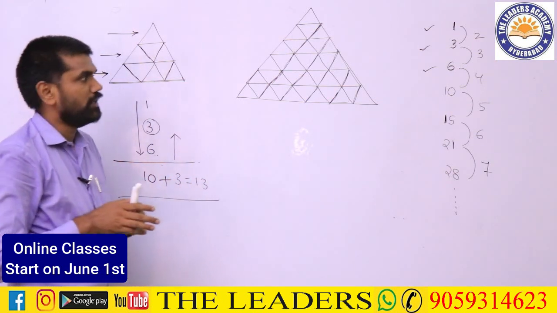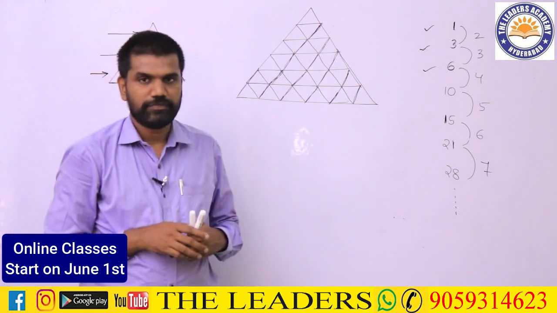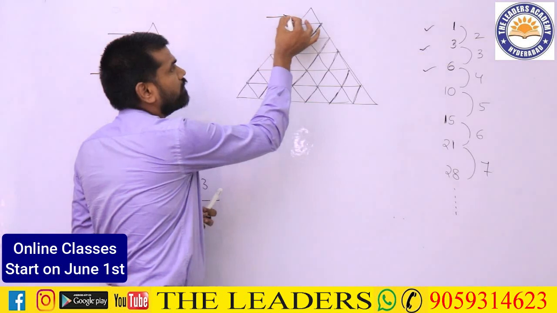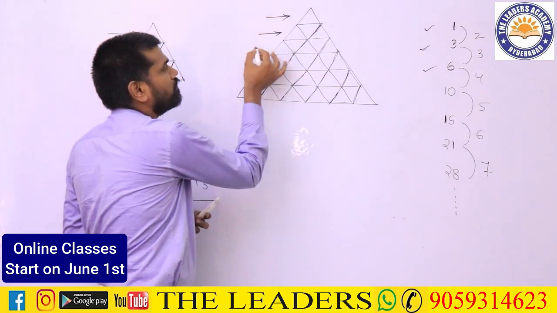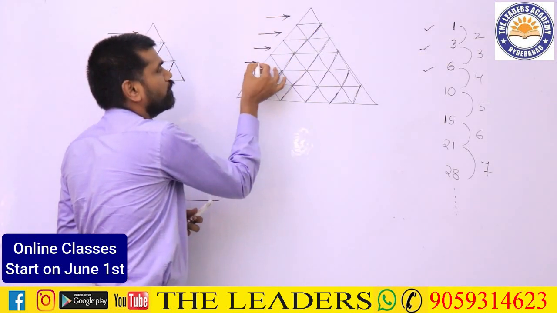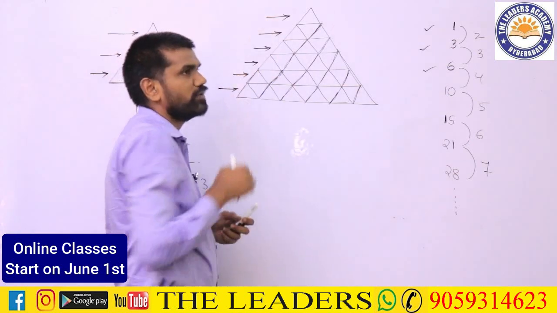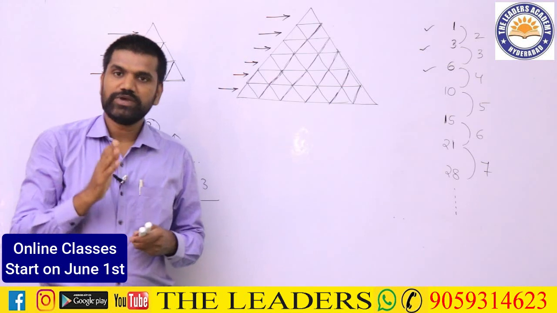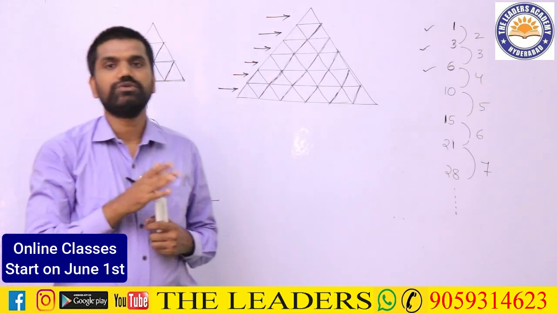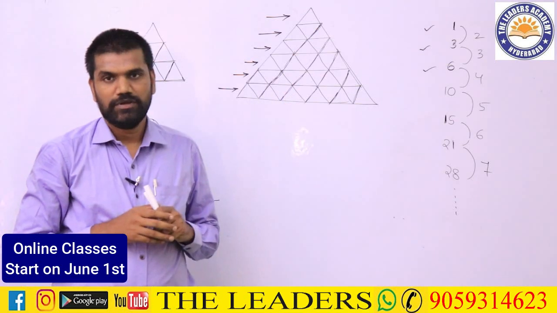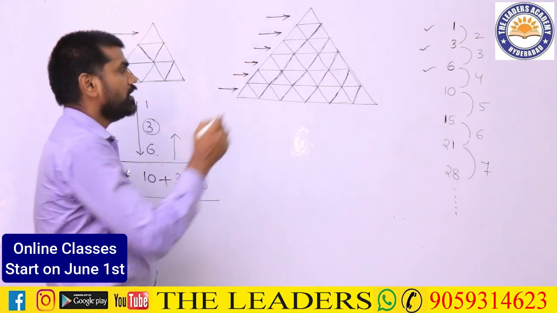To give more clarity, let's see one more example. In this second diagram, the number of layers are 1, 2, 3, 4, 5, 6. We have 6 layers. As we have 6 layers, take 6 terms of that sequence and write them here.